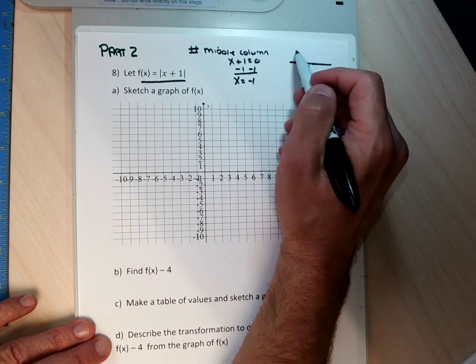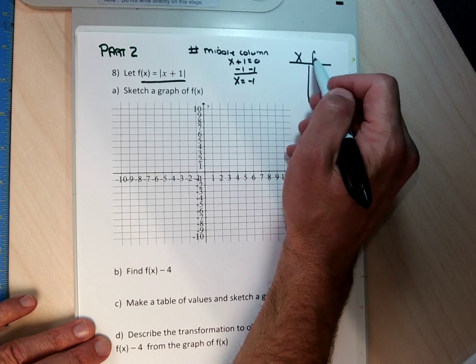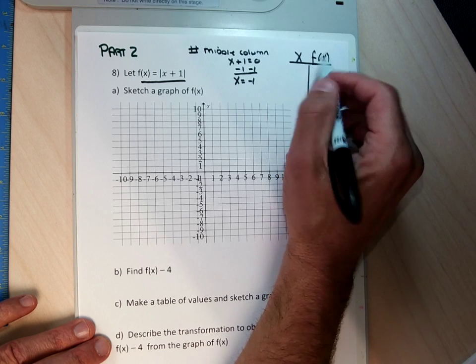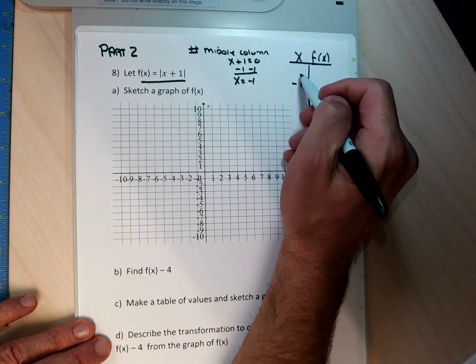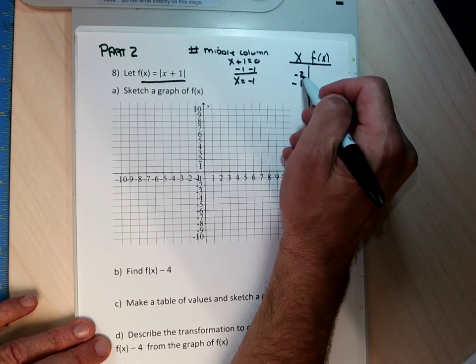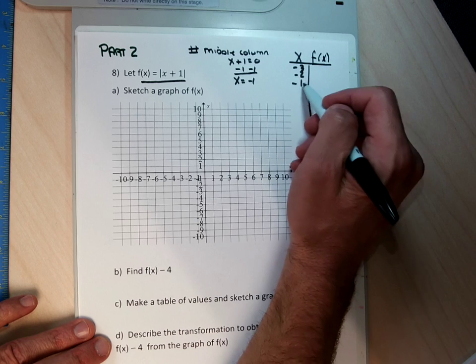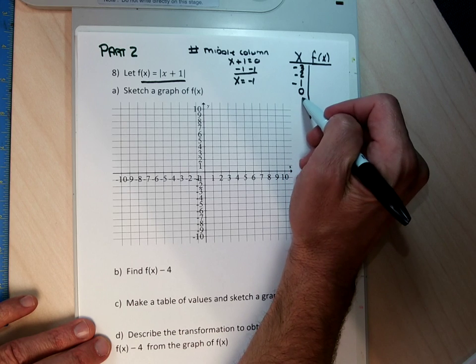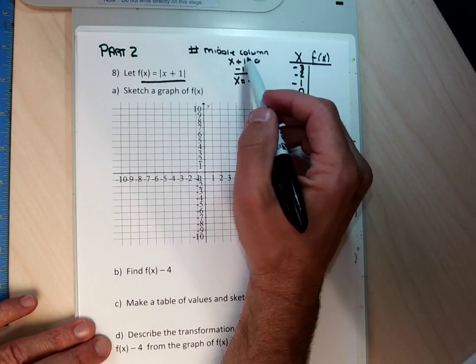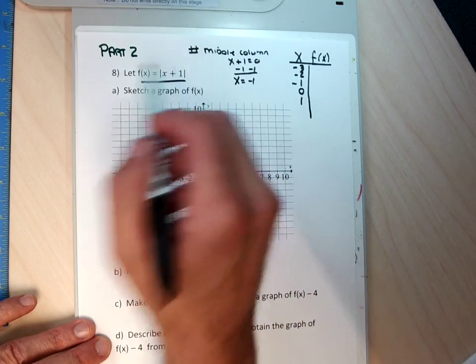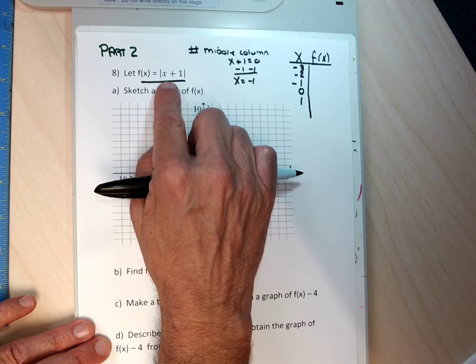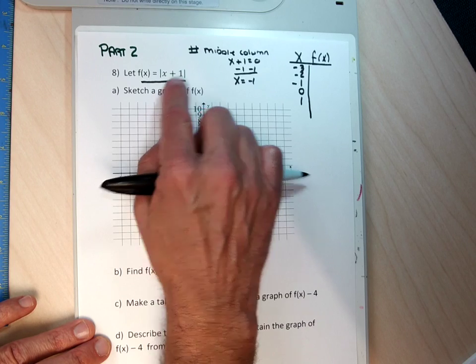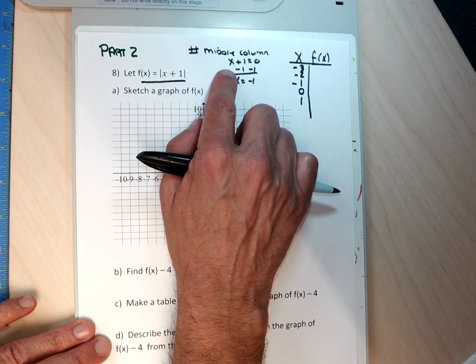So I'm going to graph x and f of x. In the middle of my x column, I'm going to put the number -1. And then I'm going to get smaller and do -2 and -3, and then bigger and go 0 and 1. So when you're graphing a more complex absolute value function, if there's an addition or subtraction under the absolute value, you take the argument and set it equal to 0.